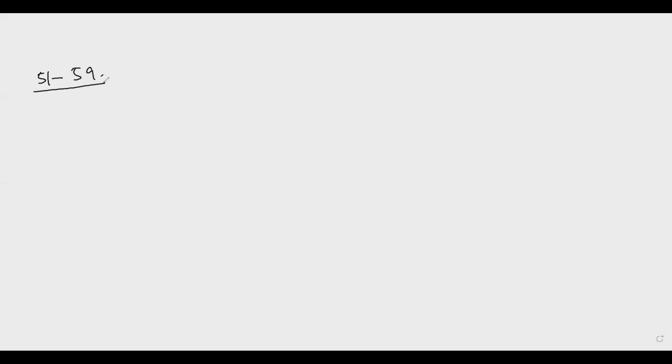After that, you can calculate whatever square you like. Now let's see how to find the square from 51 to 59.